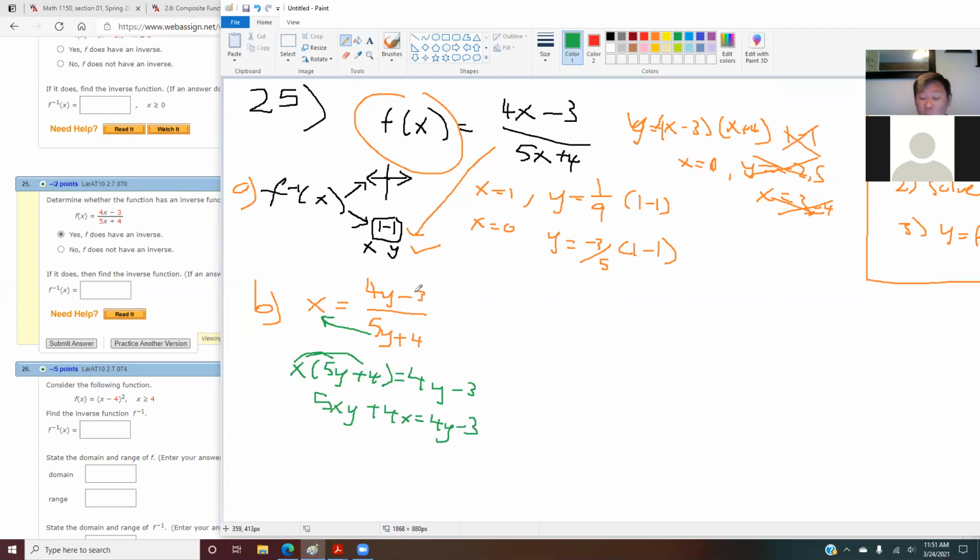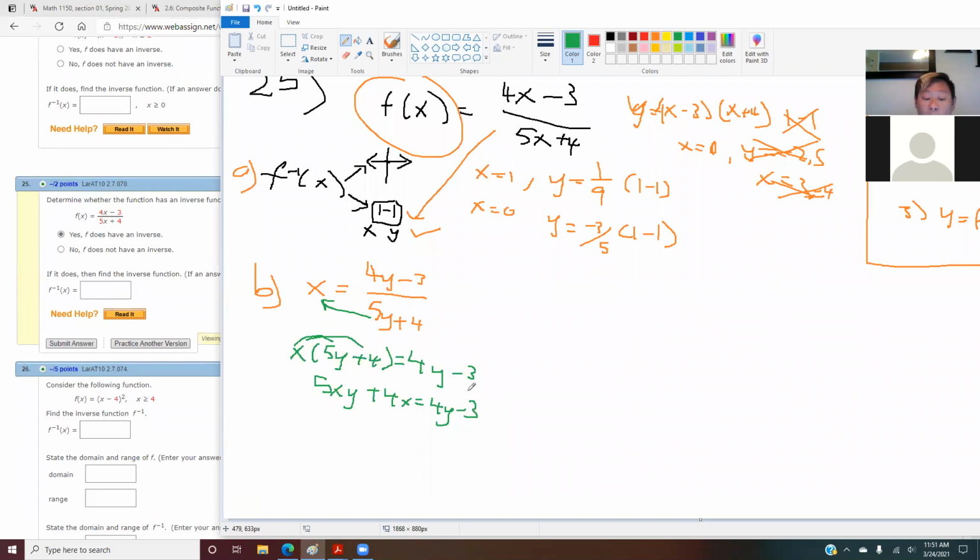This is what a lot of students don't know what to do in the test: once they multiply in and distribute, they don't know what to do next. When I want to solve for y, I want all the y terms on one side and all the non-y terms on the other side. This is a y term, so I will move this y term to this side. This one has no y term, I will move it to the other side.